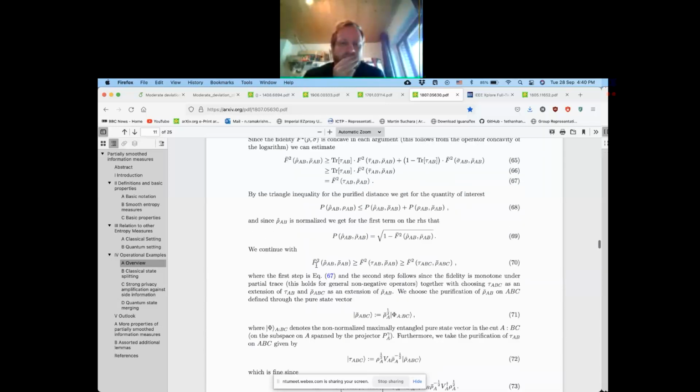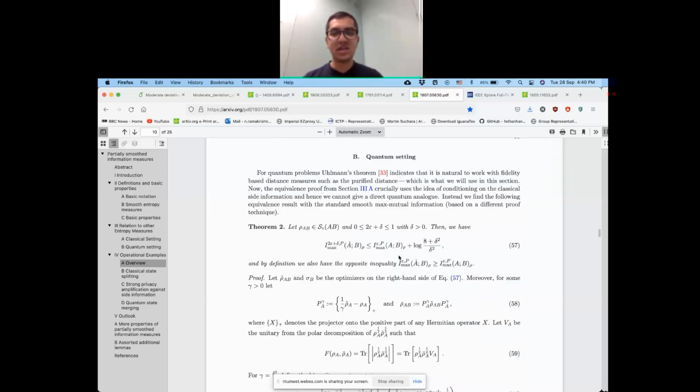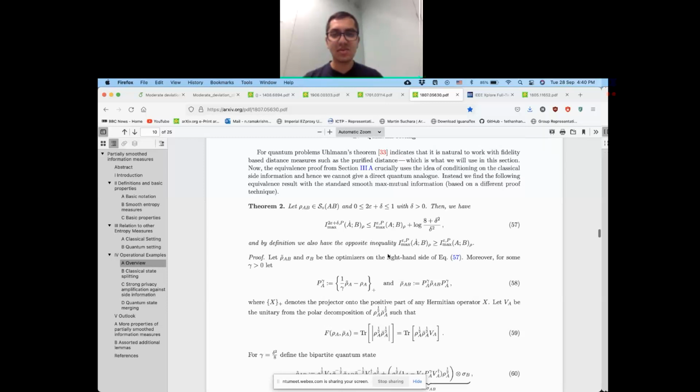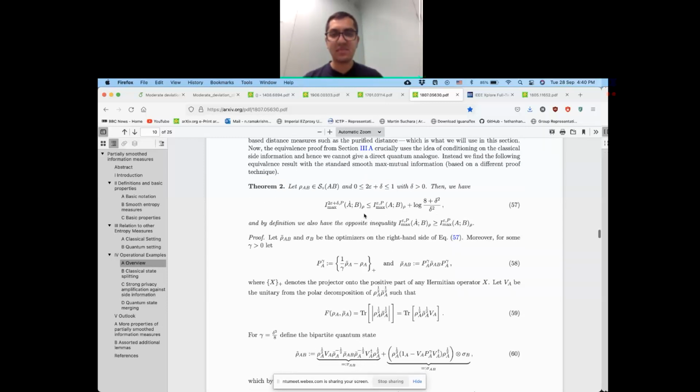Yeah, here it is, theorem 2, which essentially does this. It's quite an interesting proof that they go through here, but essentially you have to construct: you start with the state that achieves the optimization on the right-hand side, and from that state you construct one that also does it for the left-hand side, and then you show that the state on the left is in this 2 epsilon plus delta ball.